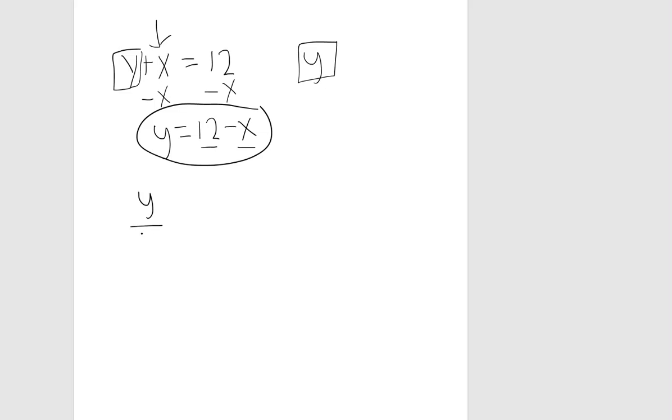y divided by 4 equals x. And if I ask you to solve for y, that means you want to get the y all by itself. In this particular equation, in order to get the y alone, you have to get rid of the division by 4.